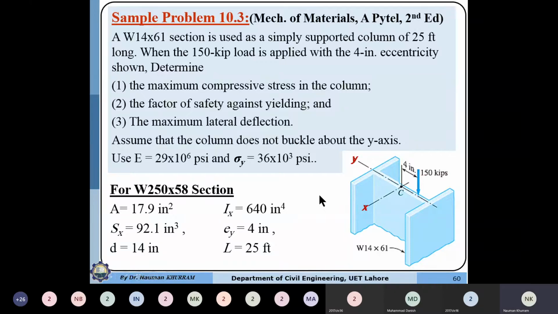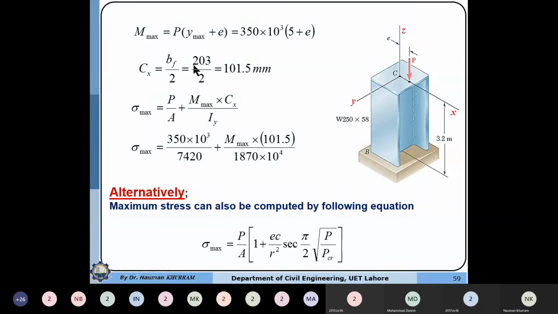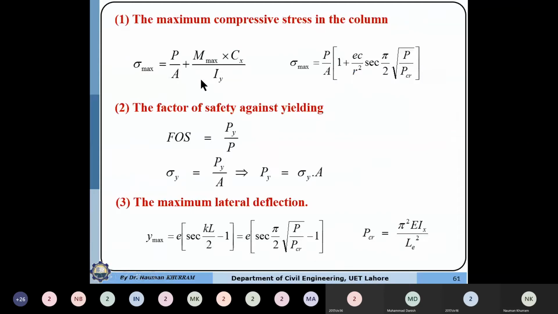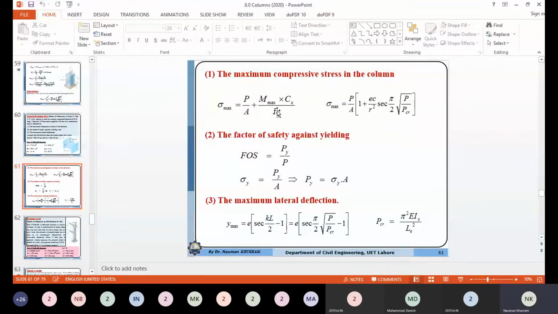Actually, here I have written this formula wrong. This will be Ix, because the column will bend about the x-axis. And this will be y, so now I have corrected this.